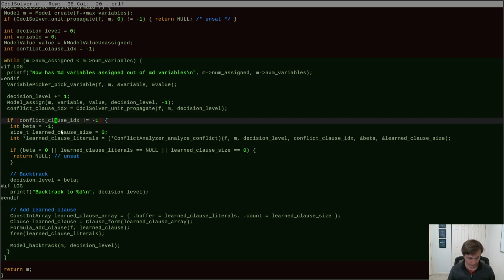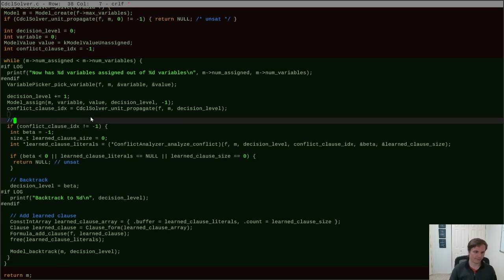If there's no conflict, so the rest of this is if there's no conflict. Right? Conflict clause index. Oh, this is if there is a conflict.